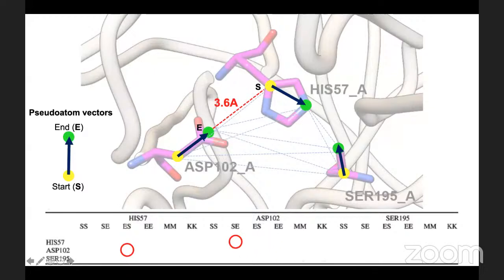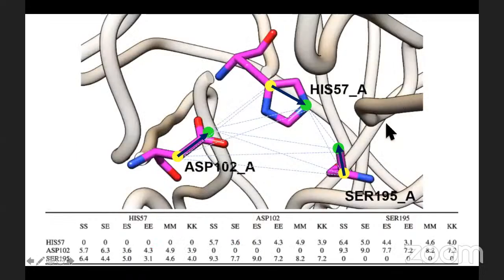Now it can also fit here where you've got the aspartic acid to the histidine. So ES, and we can then put the values in there. And if we were to do it for all the distances that we have defined here, we would then be able to fill up this matrix.